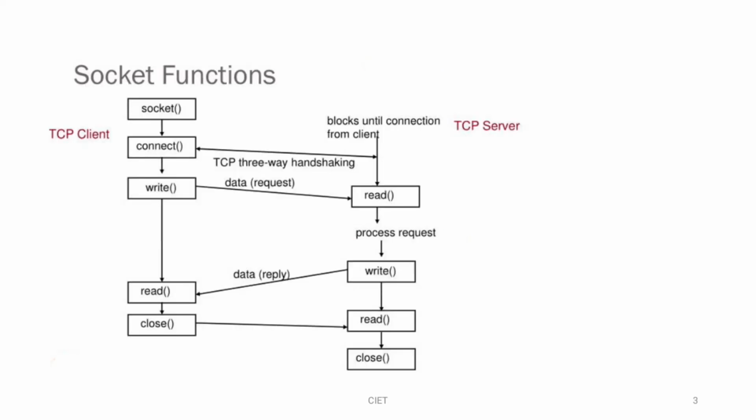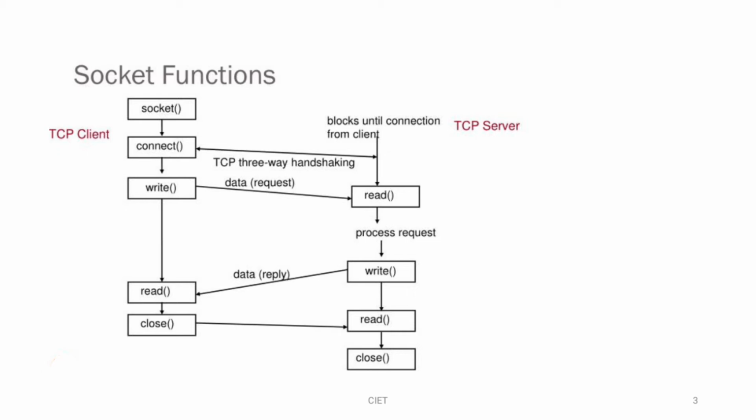After the read function at the server side, the request will be processed, and the server will again write some data by using the write function and send a reply to the client side. The TCP client will read the data by using the read function, and once the transmission of the data is successfully done, the client will send a close function. That close is read by the server side and the connection will be closed.